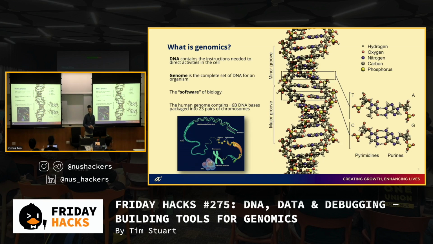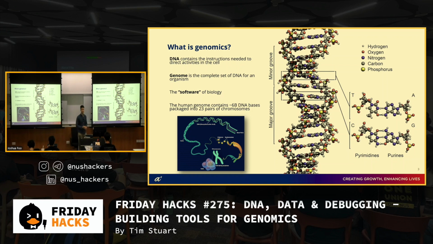I want to start this talk with some background about genomics, because maybe many of you don't know so much about genomics yet, since we're in the School of Computing. So this molecule is DNA. It's a very long polymer that all of us have in our cells, right?